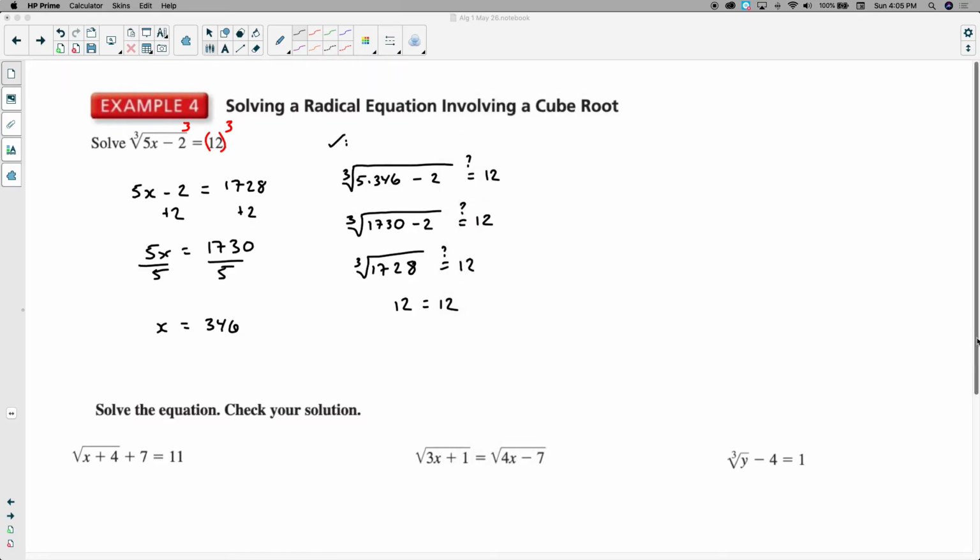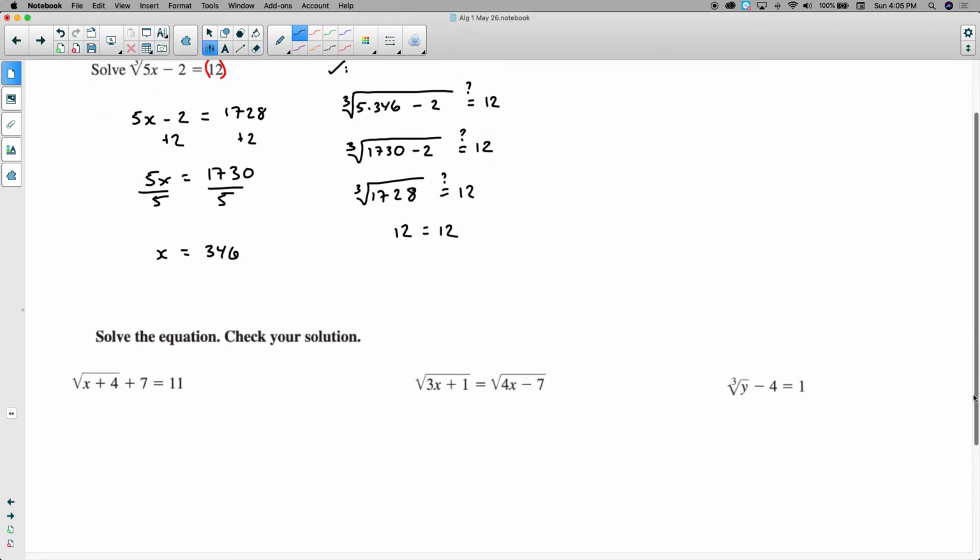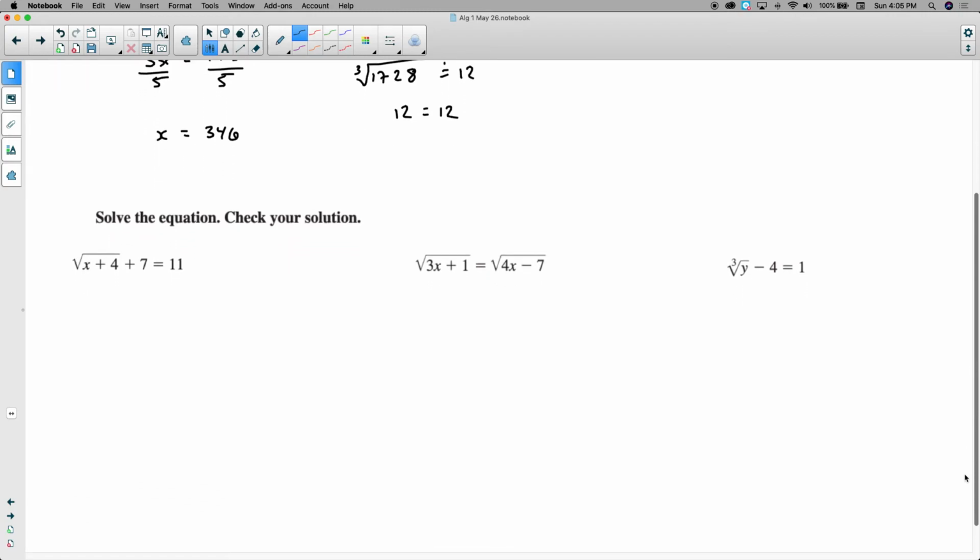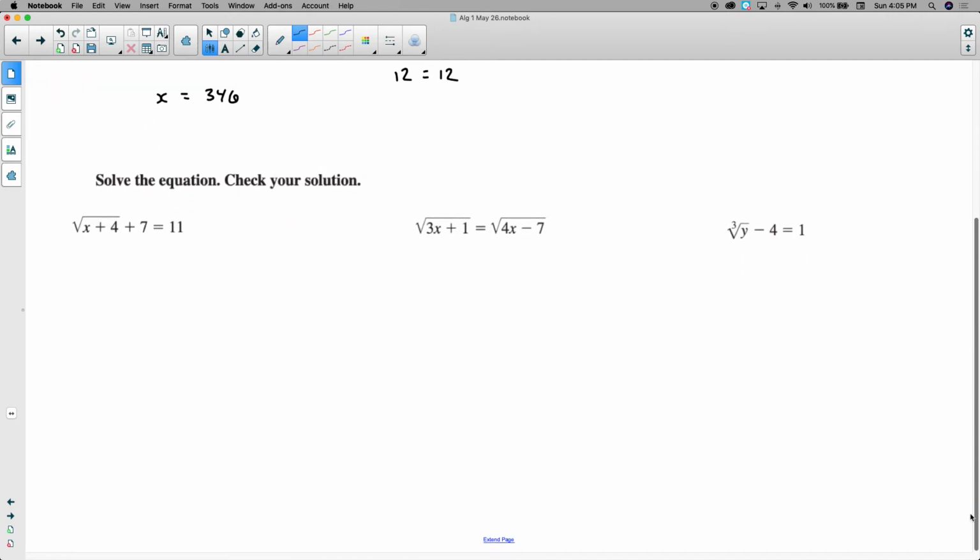Okay, great. So we've got 3 more problems here where the theme is to isolate the radical and then raise each side to the appropriate power. So that's a little extension of the earlier theme, which was just to isolate the square root and then square each side. So I'm looking ahead to this one. All right, so let's just do these few.